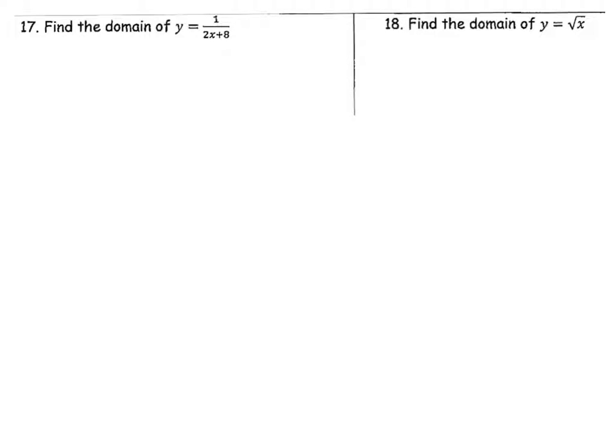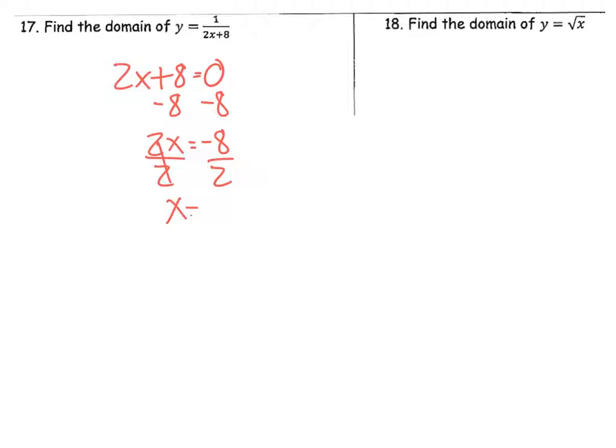So I'm going to set up 2x plus 8 equal to 0 to figure out what x has to be to make that 0. So I'm going to solve for x. And x equals -4.